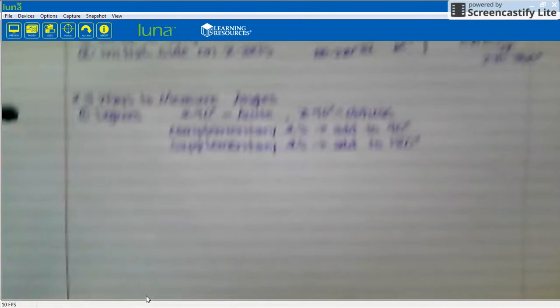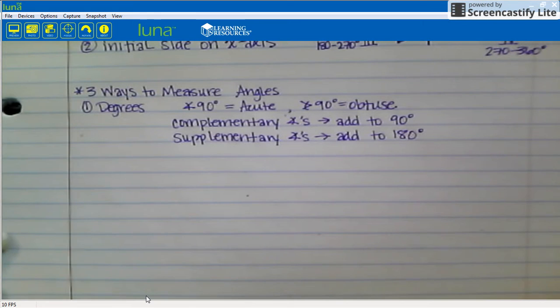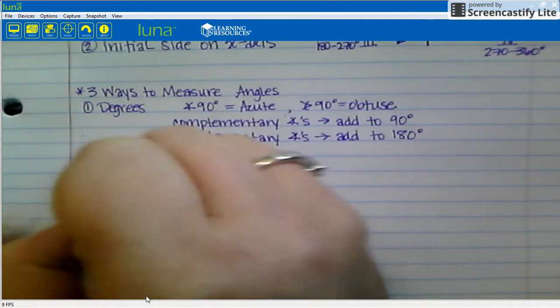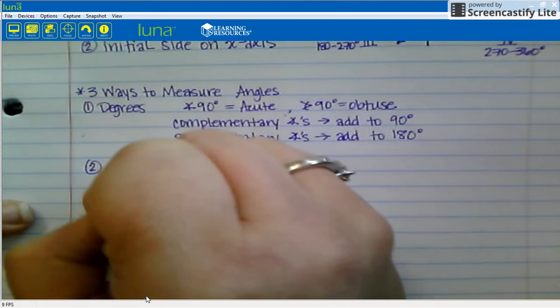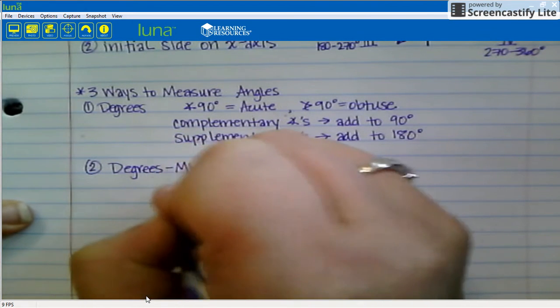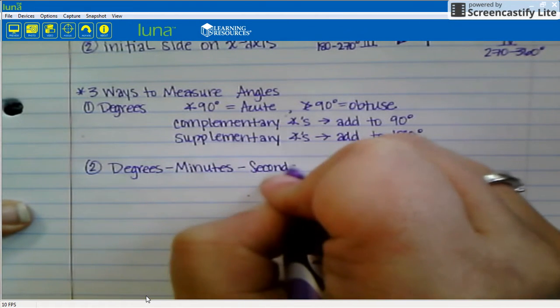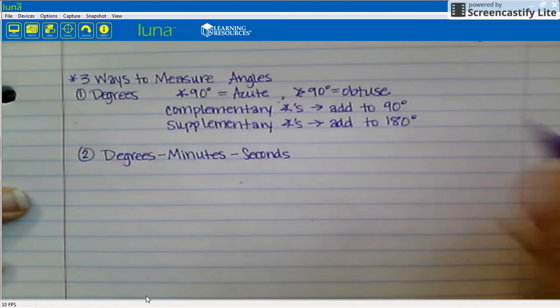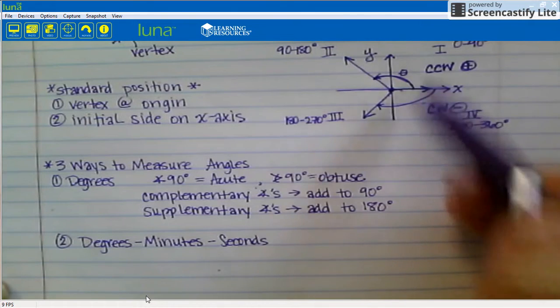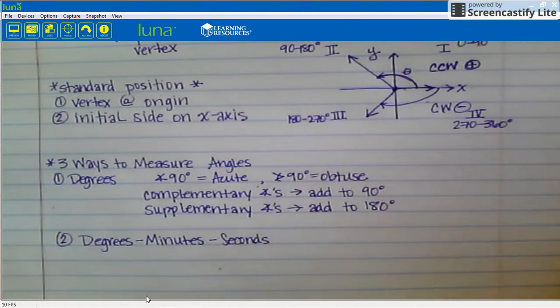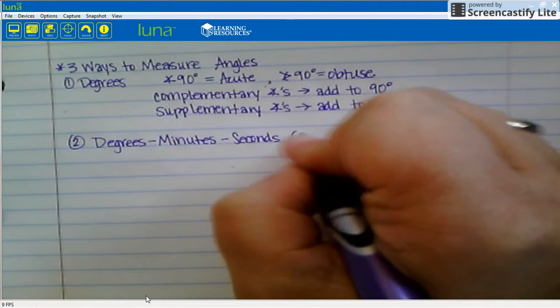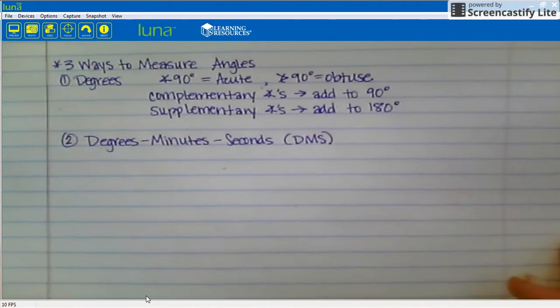In addition to measuring in degrees, you also can measure in what we refer to as degrees, minutes, seconds, or DMS for short. So degrees, minutes, seconds. And this measurement comes from, if you envision a clock, then around your circle here becomes the rotation around the clock. And so a total rotation around the clock is 1 hour. So you'll often see this abbreviated as DMS.